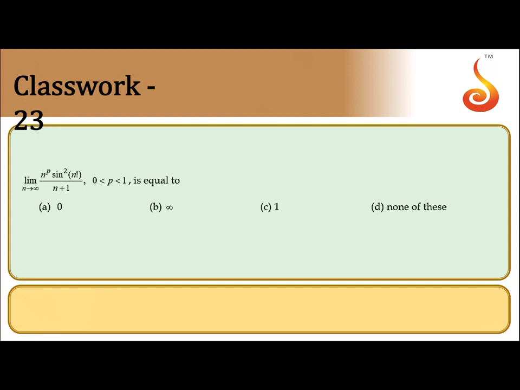Coming to the next one: n to the power of p, sine square of (n factorial), divided by n plus 1. But observe, p lies between 0 and 1, means p is a fractional value. So n to the power of a fraction multiplied by sine square of n factorial, divided by n plus 1, as n tends to infinity.